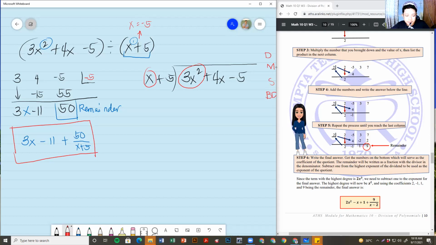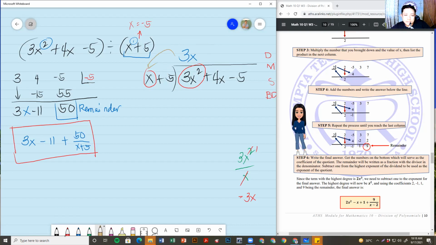Okay? So we have here 3x squared divided by x. So we have here 3x. So that will be our quotient there, 3x. And now let's multiply 3x and distribute it by x and 5. Okay, 3x times x.